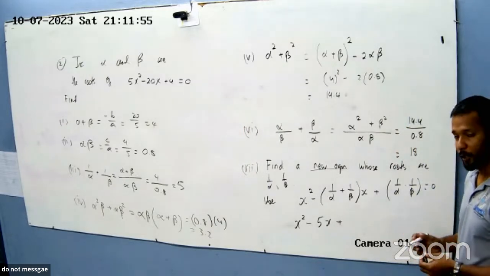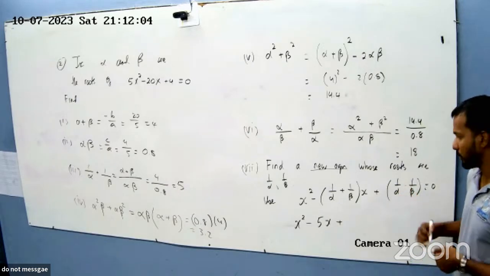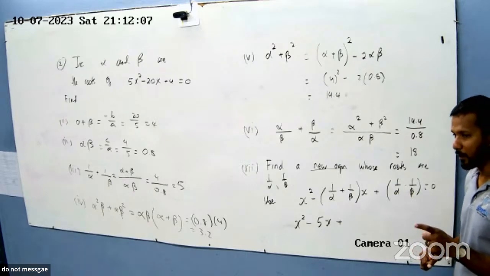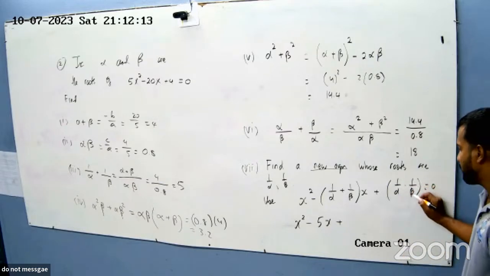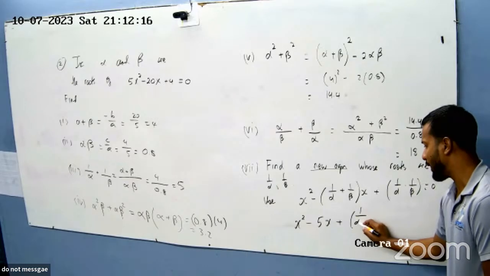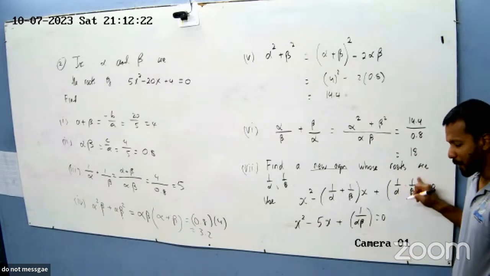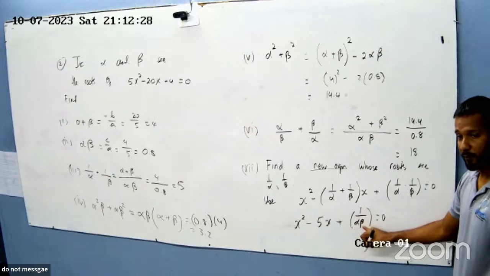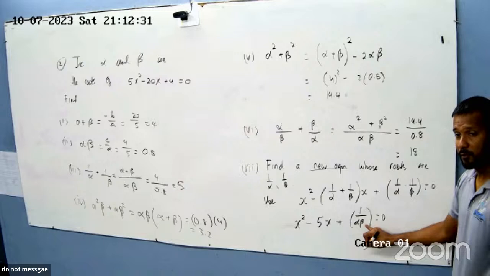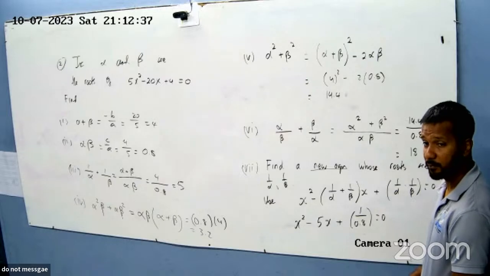How am I getting the product of the roots? 1 on alpha by 1 on beta. 1 on alpha multiplied by 1 on beta is 1 by 1, which is 1, and alpha by beta is alpha beta, so it's 1 on alpha beta. Do we know this value? We know this value as 0.8.